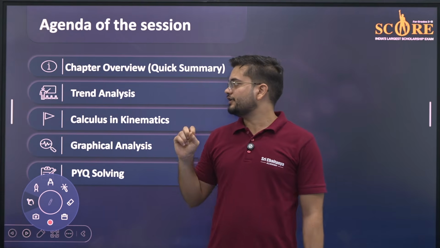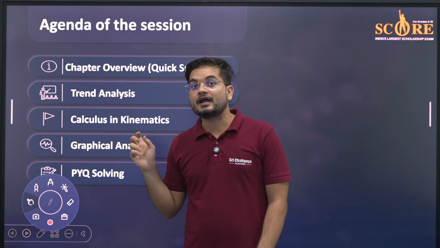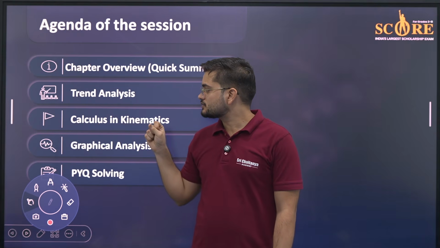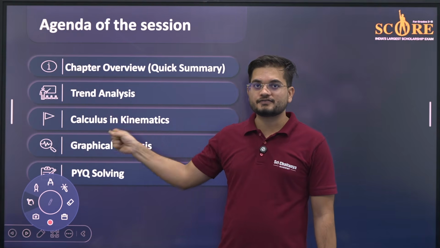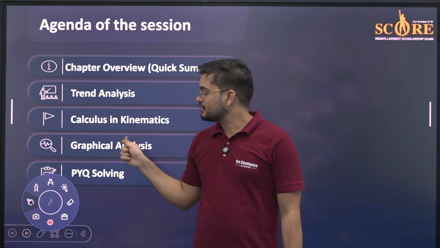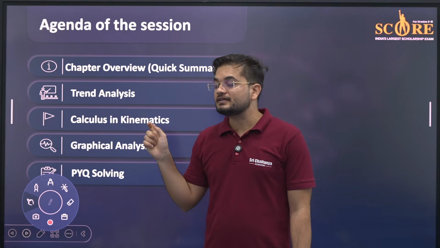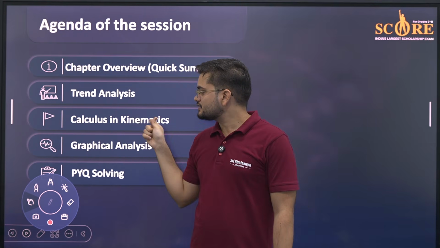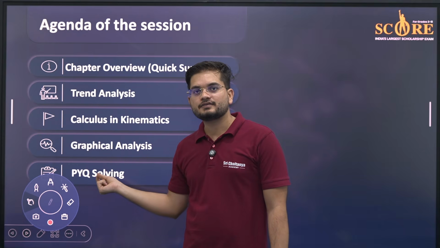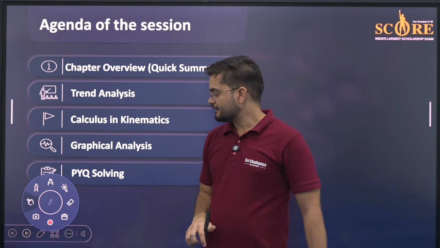Over the last few years NTA has been asking questions based on calculus and graphs. So especially we will discuss this section, calculus and kinematics and graphs, and also we will discuss PYQ problems. Clear?